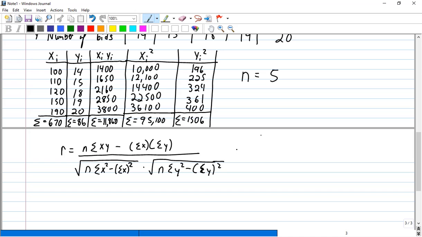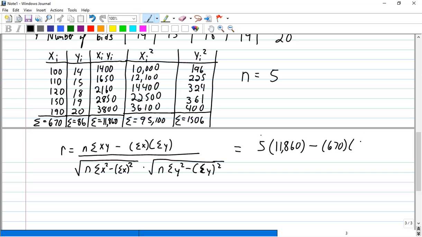Alright, so we're going to plug our values into this formula. So remember, n is equal to 5 each time. So this is 5 times 11,860 minus, now we want the sum of x times the sum of y. So the sum of x is 670.